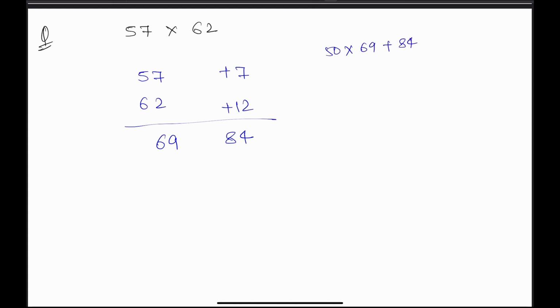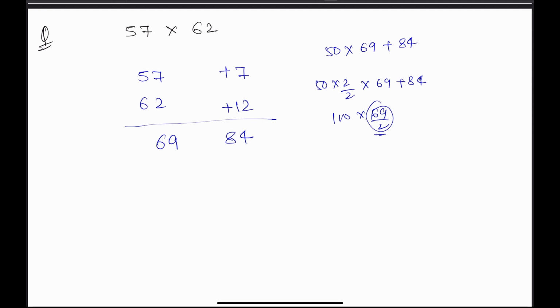Let's just take 62. 57 into 62: 62 plus 7 plus 12 is 84, 57 plus 12 is 69. But again 50 into 69 is there. Let us understand again. 50 into 69 plus 84. What am I going to do? 50 into 2 divided by 2 into 69 plus 84. This will be 100 into 69 by 2.